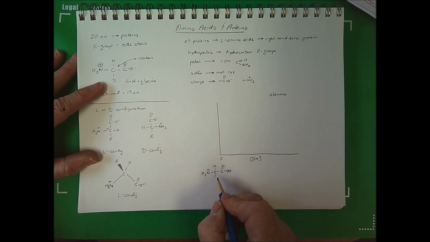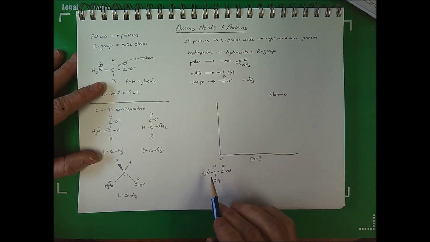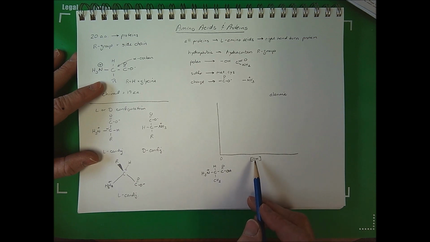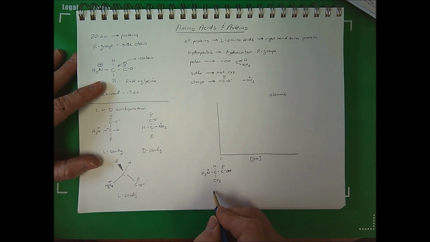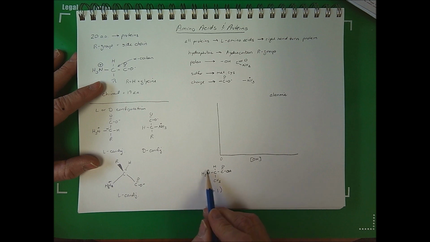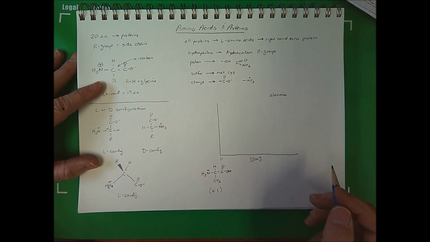The R chain, of course, with alanine is going to be a methyl group. So for alanine, we are going to be titrating two functional groups because the side chain does not have a charge and it doesn't contribute to the titration properties. So in its pure acid form with very little or no hydroxide ion, we have a fully protonated form of alanine. The charge on this particular molecule is +1 because the amine is protonated and so is the carboxylic acid.